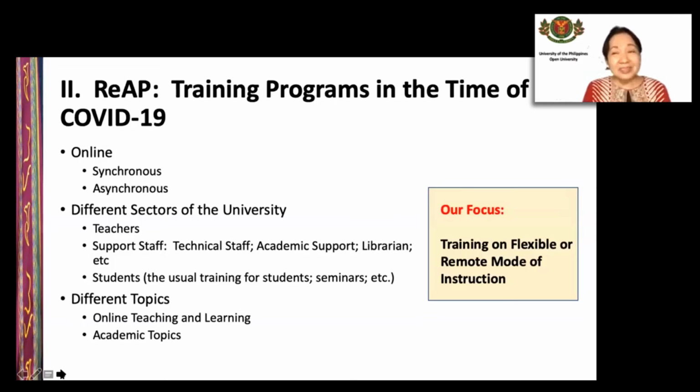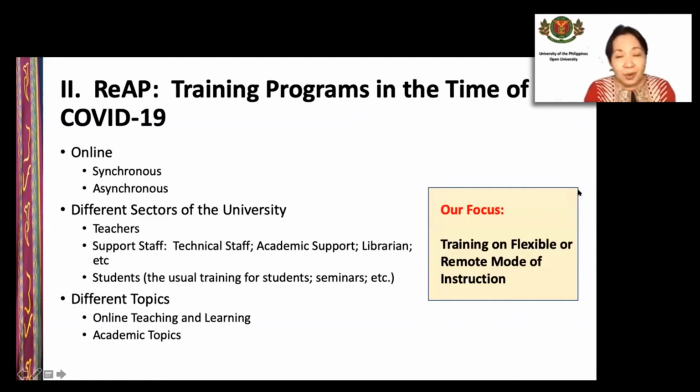Sometimes we also provide training to our students. So what kind of training? Is it on digital literacy? The usual seminars that we give them, are we giving leadership training? So even for our students, we may want to think about the kind of training programs that they may need, or that we usually did before the COVID-19 pandemic.